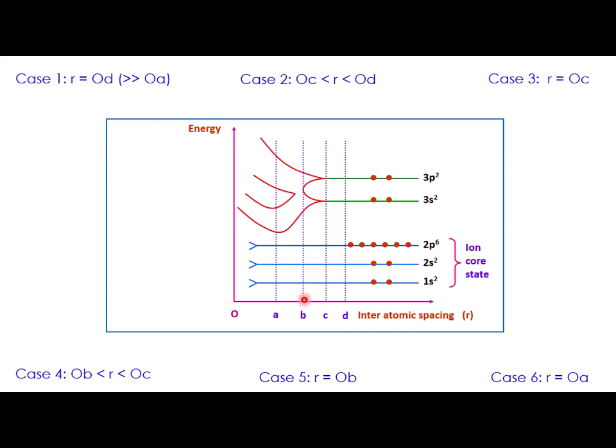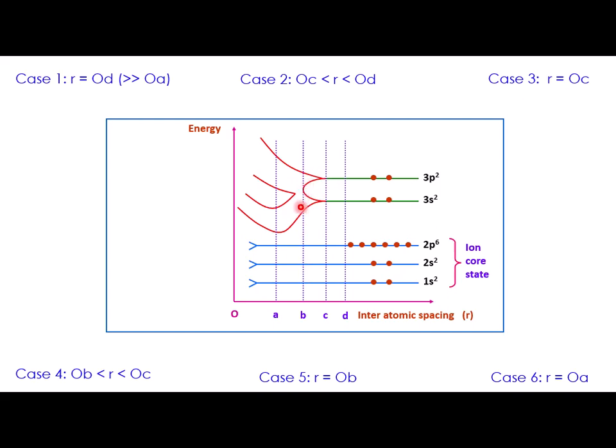Now, at a position OB less than R less than OC, that means at a position exactly R equal to OB, all of these 8n energy levels will merge with each other.